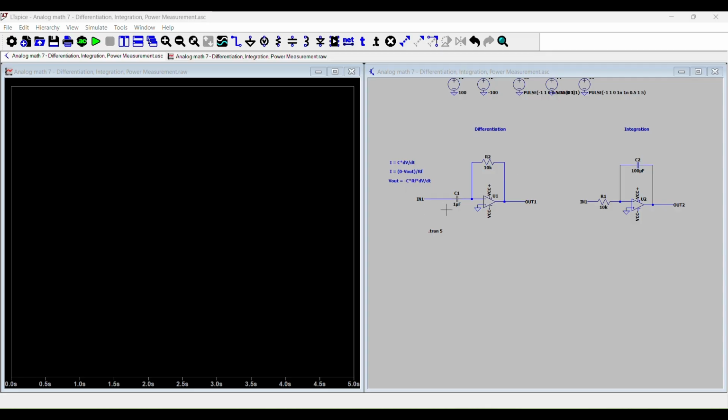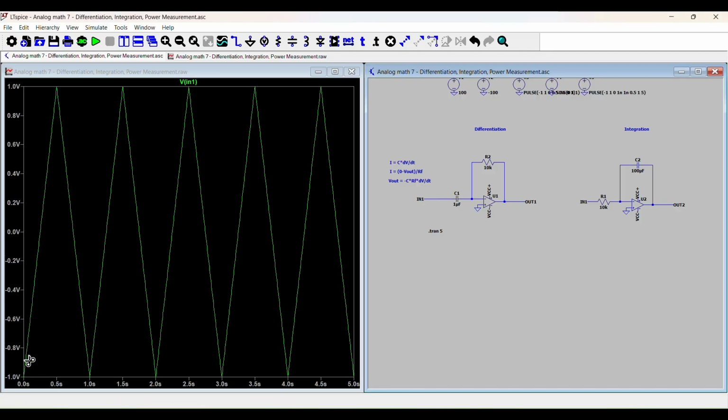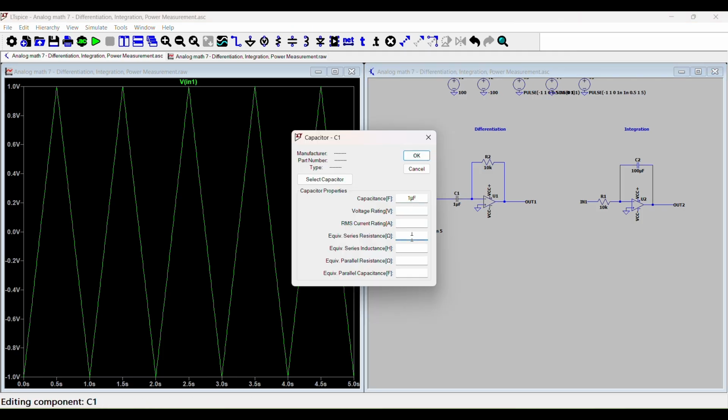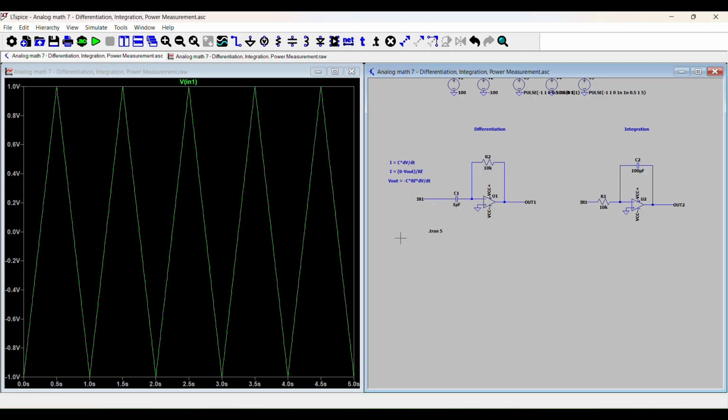So let me show this circuit working first. So if I have the input as a triangular wave defined in my input node, triangle wave like this, I need to actually set the equivalent series resistance. And I'll tell you why in a second. But when I run the circuit, my output is a square wave.